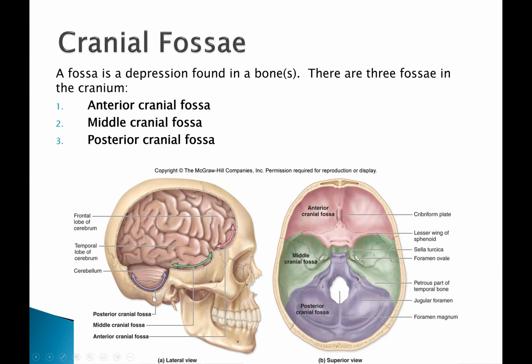This cradles the cerebellum of the brain. The middle cradles the temporal lobe, and the anterior cradles the frontal lobe of the brain, which we'll talk about in the next unit.